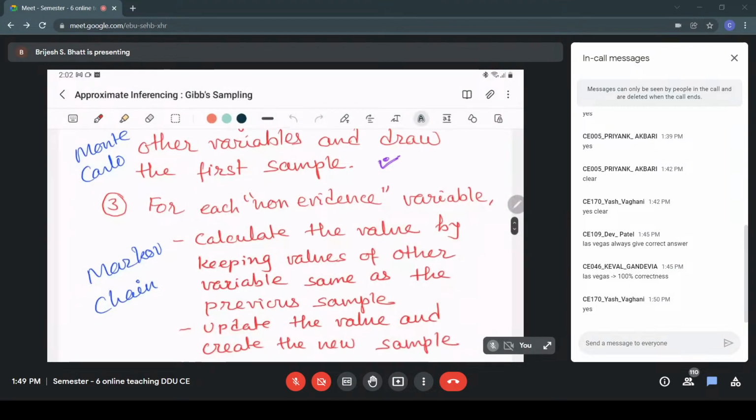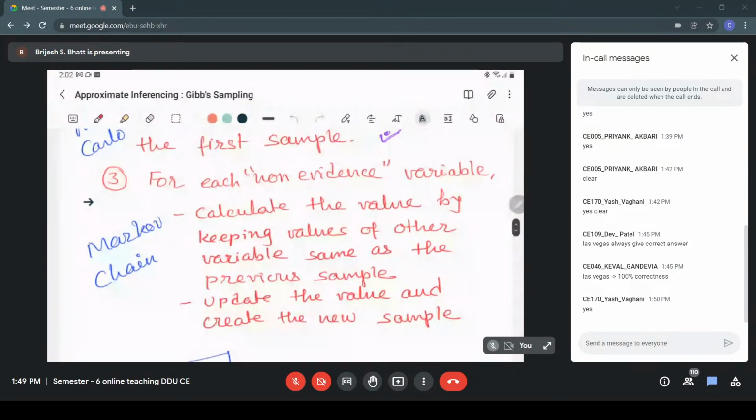Then the next sample will not be drawn randomly, but will be generated from the previous sample. And how do we do this? For each non-evidence variable, now I believe you know what an evidence variable and a non-evidence variable are. Evidence variables appear after the given in the probabilistic query. So in probability of B given A, B, then A and B are evidence variables. Right? So these evidence variables are fixed.